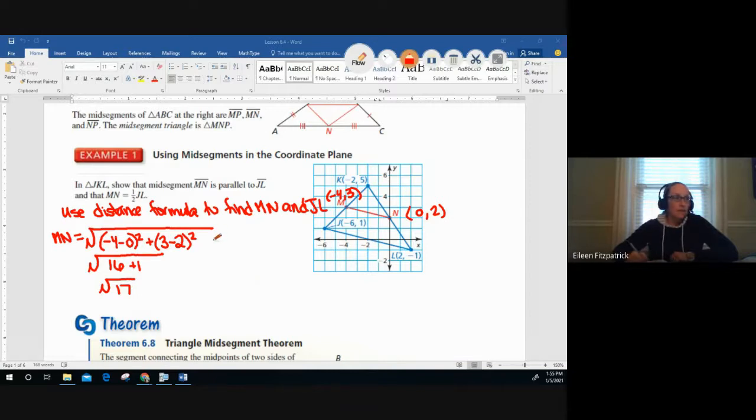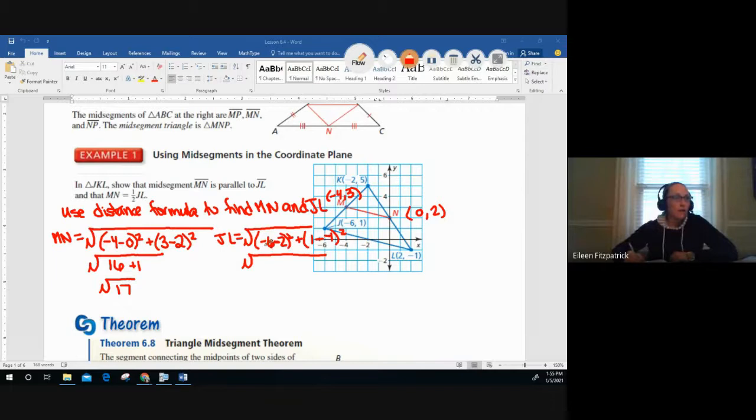Now I have to find the distance of JL. So again, we need the coordinates, which are already listed for us. The difference of the x's, -6 minus 2, squared, plus the difference of the y's, 1 minus -1, squared.